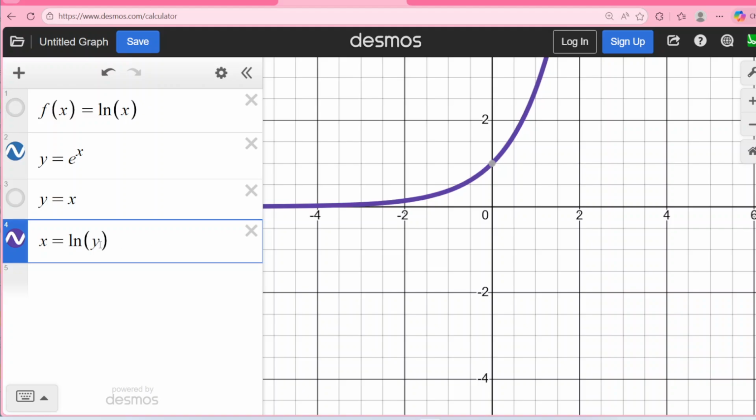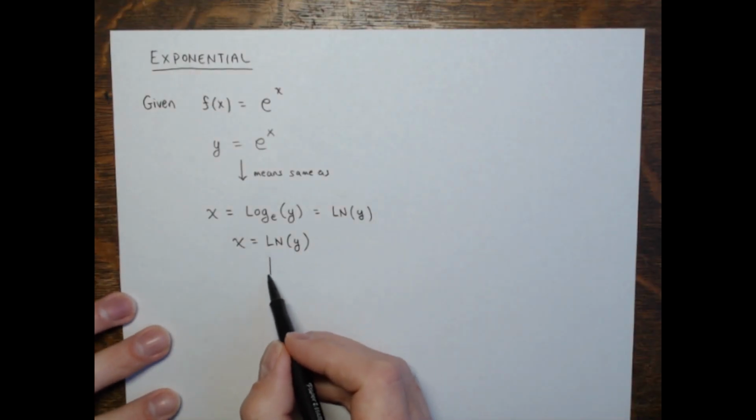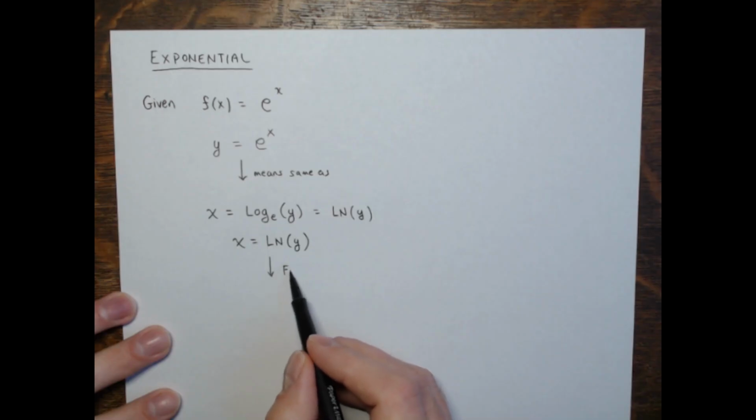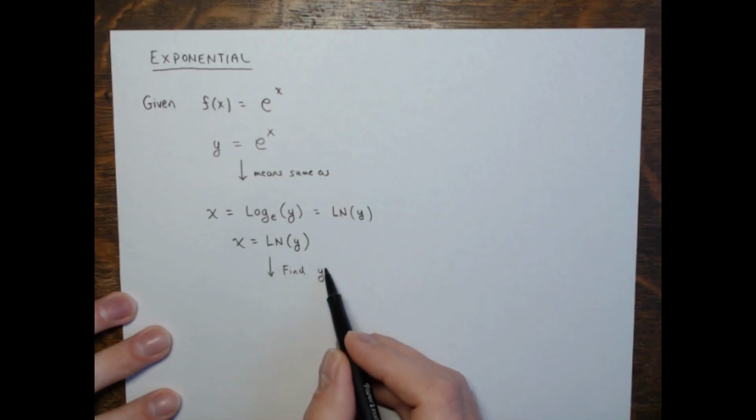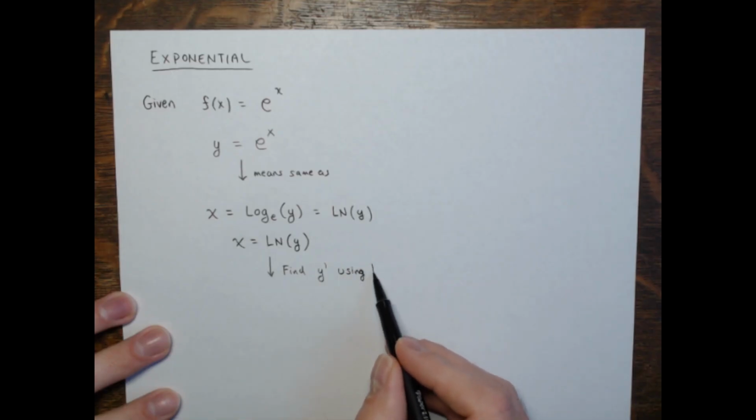And you see it comes right on top. It's the same exact curve, same exact points. So from here, I'm going to now find y prime using implicit differentiation.